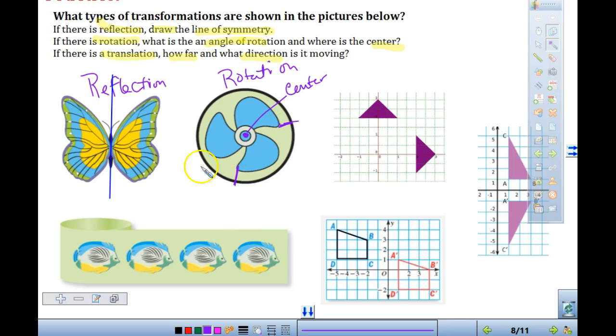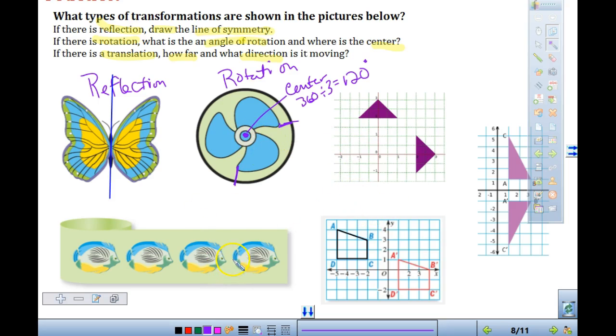We have how many of those fans? Three of them. So to find the angle of rotation, we take 360 and divide it by 3, which gives us 120 degrees. So our rotation is a 120 degree rotation. Put the lines in, and make sure you see the center.